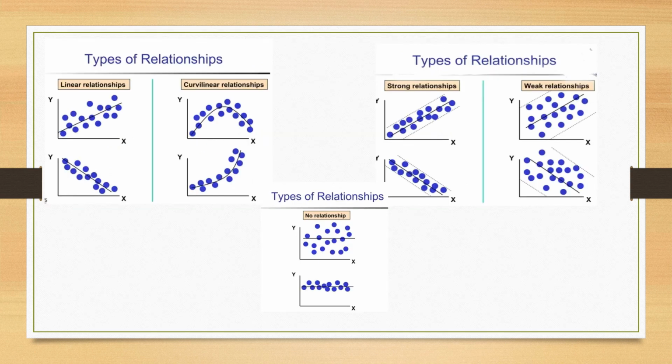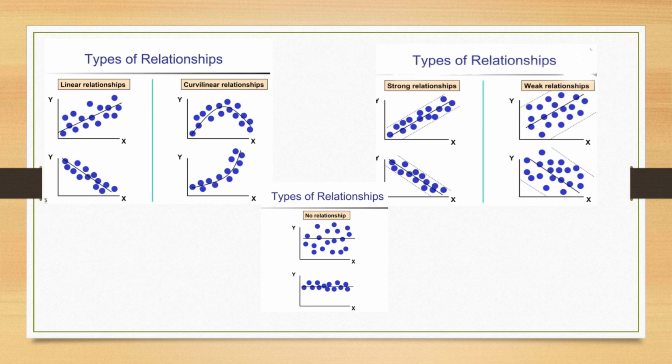Here I have shown the types of relationship, which is a linear relationship, with a scatter diagram which was plotted and a straight line passing through it. A line which moves upward is a positive relationship and which moves downward is a negative relationship.